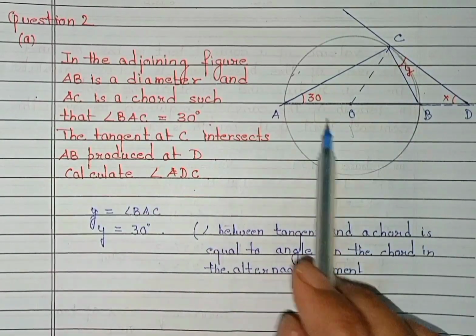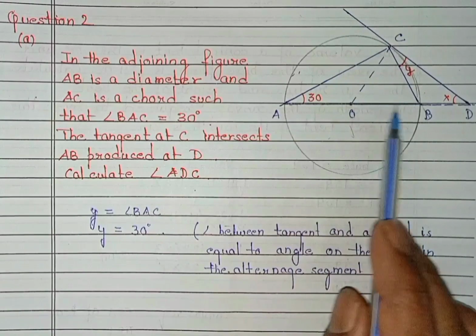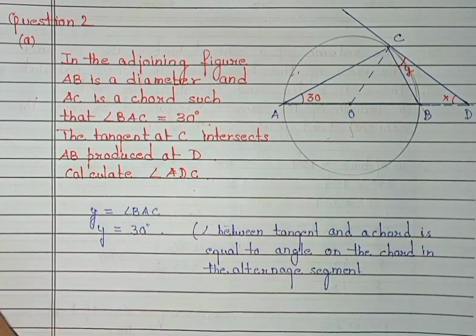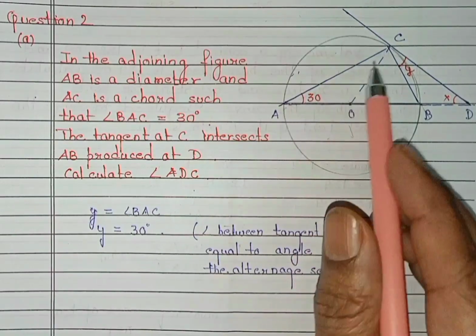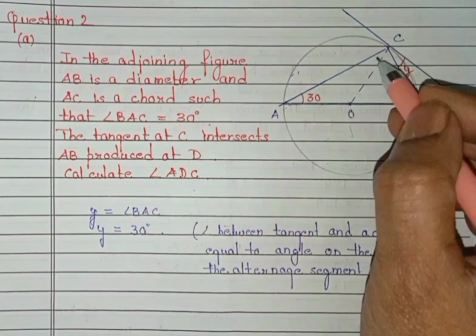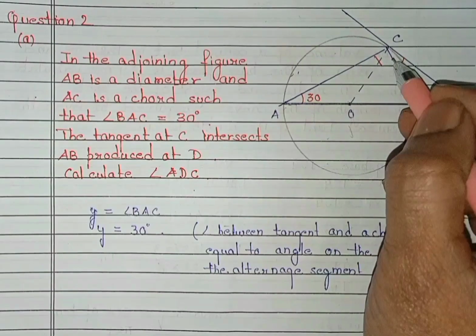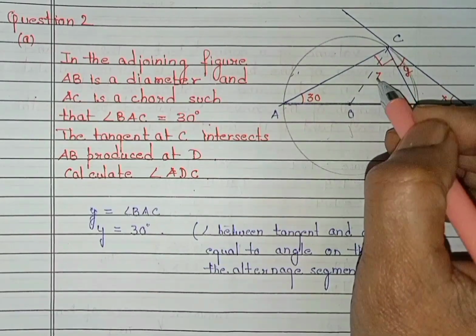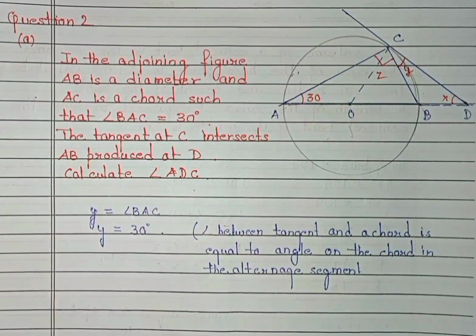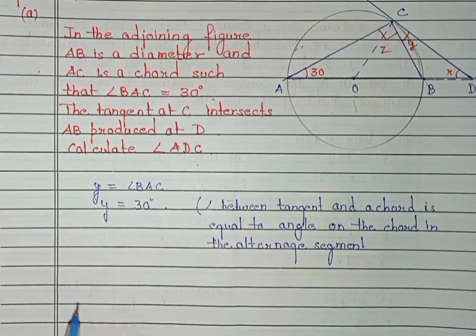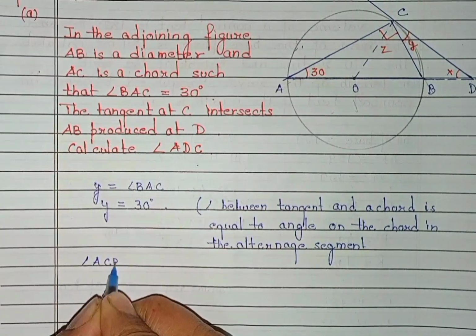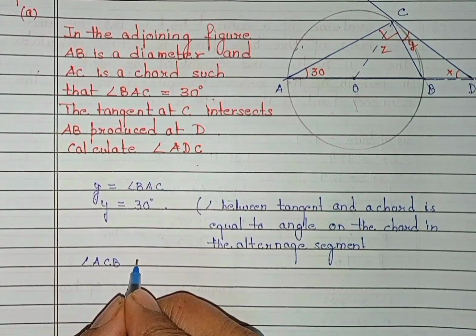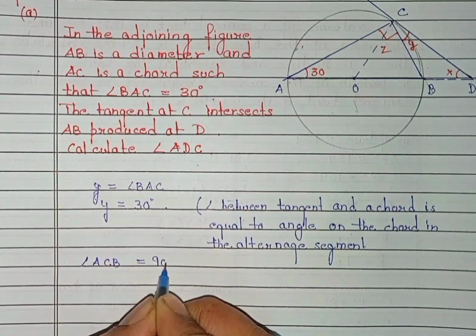Okay, now according to the question, AB is the diameter. So AB is the diameter, so you can say angle ACB, this angle ACB, let it be marked as Z. So you can say Z is equal to 90 degree. See, angle ACB is equal to 90 degree.